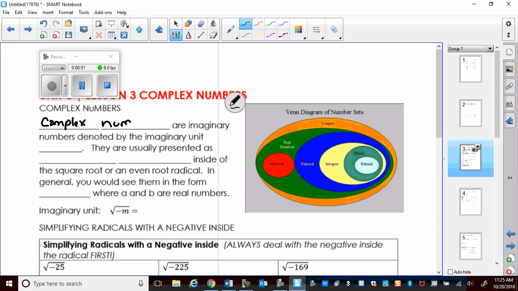Complex numbers are imaginary units, and they are denoted by the imaginary unit i. And they are usually represented as negative numbers. And these negative numbers are placed inside of, here I want you to highlight or underline, the square root or an even root radical.